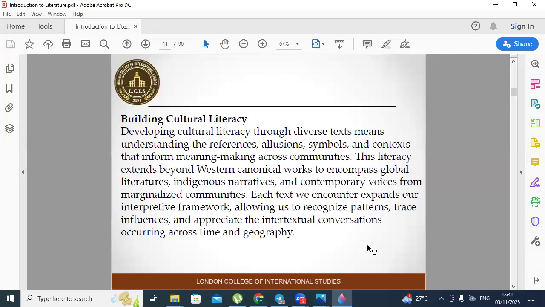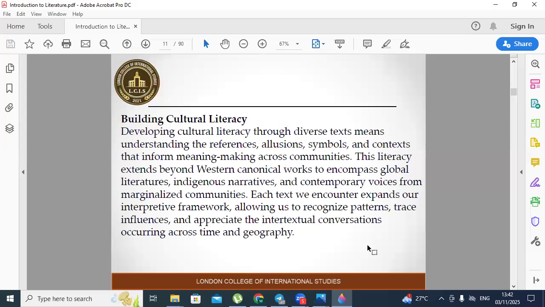You trace influences, seeing how writers respond to and build upon previous writers, and you appreciate the textual conversations occurring across time and geography. How a contemporary Nigerian novelist might be in conversation with a 19th century Russian author, even if they never met.